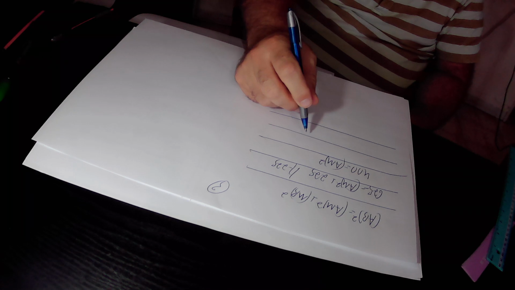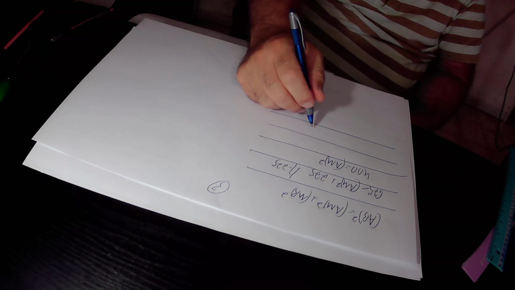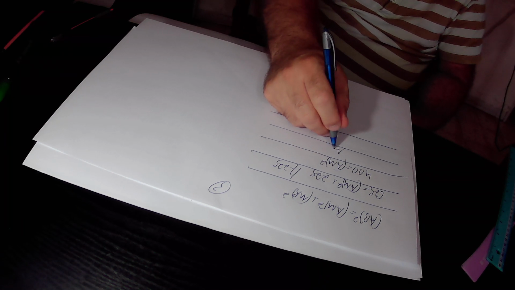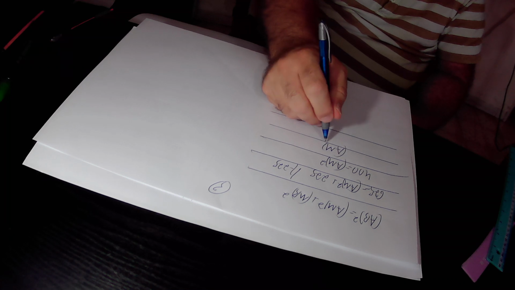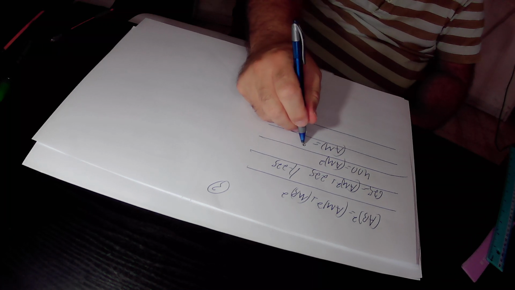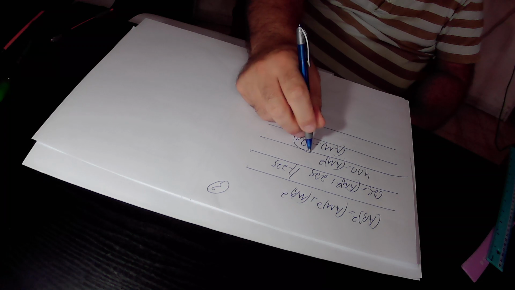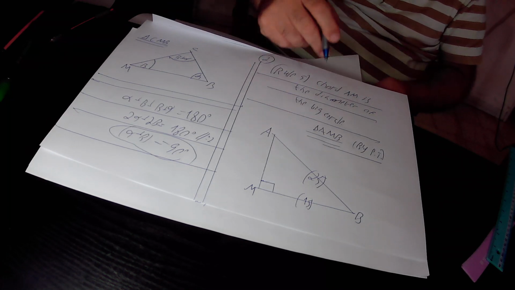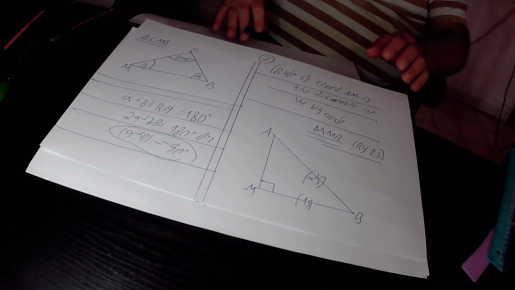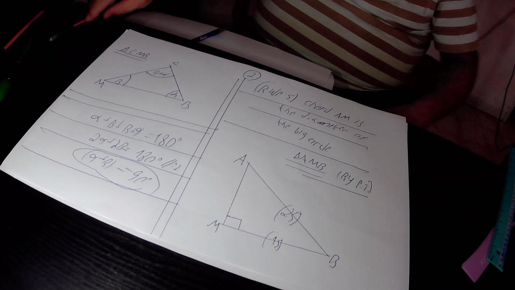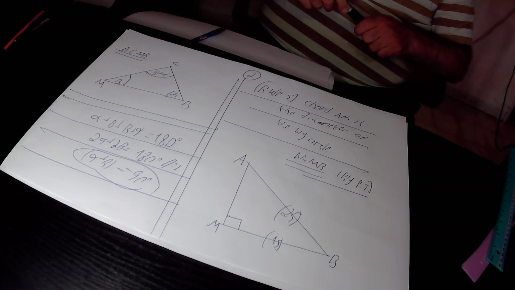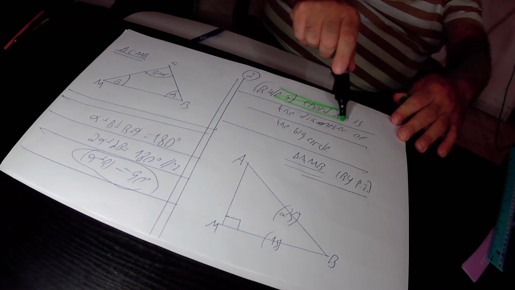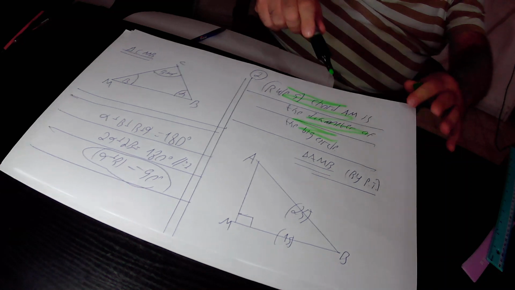So here we take a root of this equation, and finally get that AM, the missing side AM, is equal to the square root of 400, that is 20. So the length of the missing side AM is 20 units. But we already found out that according to rule 5, chord AM is the diameter of the big circle.